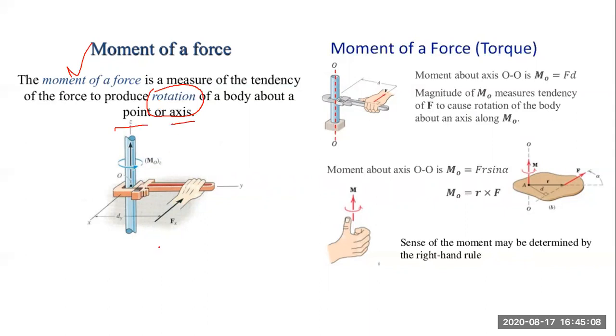If it is about a point, then as we have done, the moment about O is R cross F. If it is about an axis, we have to express it differently, say about line xx or yy.